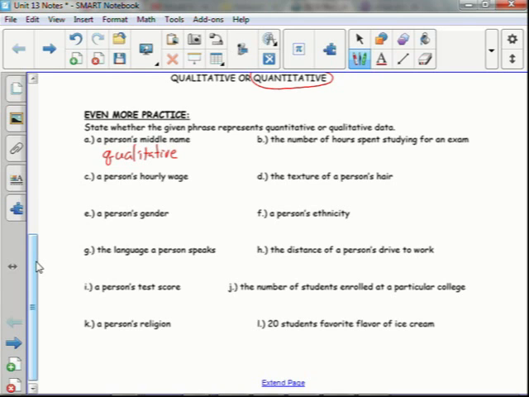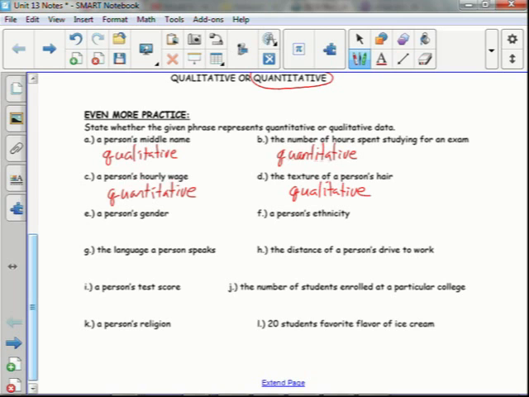The number of hours spent studying for an exam. Quantitative. It's a quantity. A person's hourly wage. Quantitative. The texture of a person's hair. That's going to be qualitative.